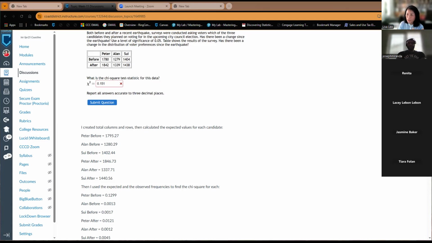Greater than alpha, we cannot reject the null hypothesis. And the null hypothesis for this type of problem, we say the candidate and the earthquake, before and after, are independent. There's no relationship, independent. Okay, and the alternative, HA, should say they are dependent. They affect each other.